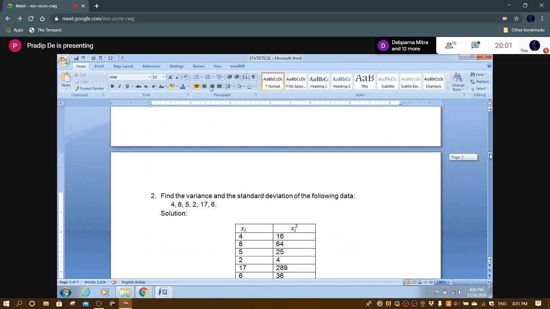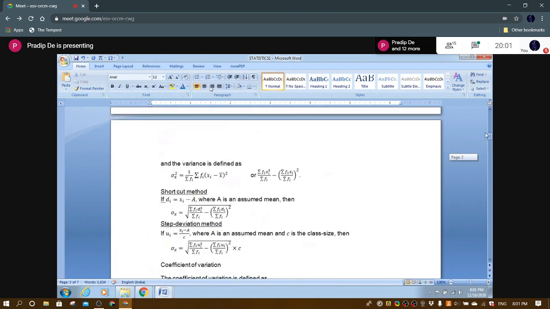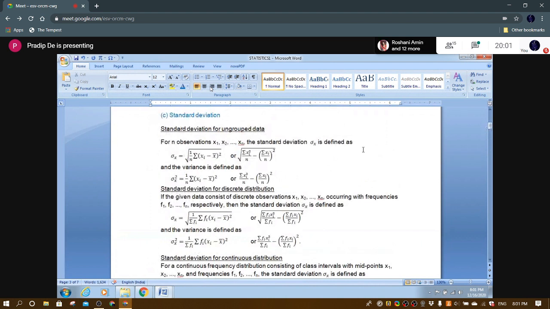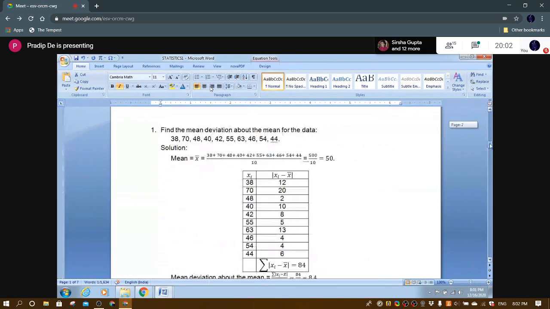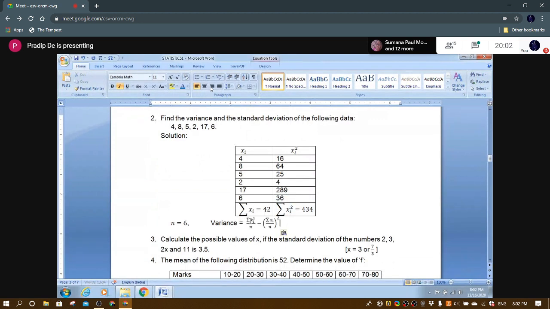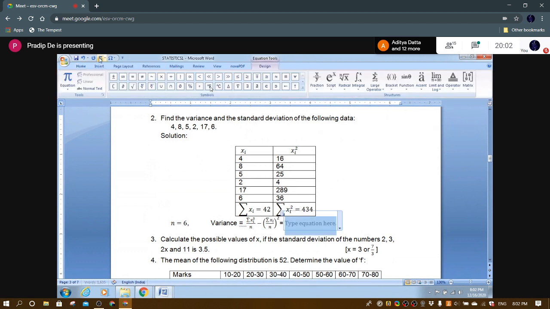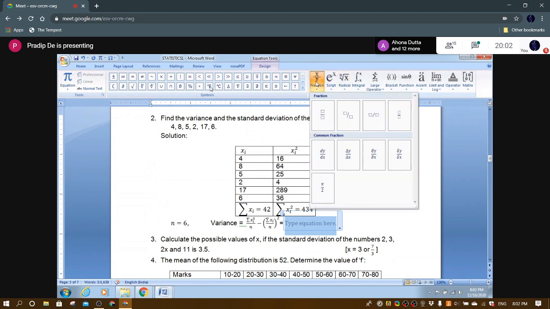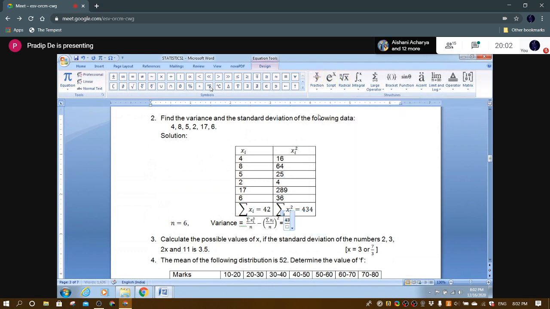Copy the formula. Or 34 by 6 minus 42 by 6 whole square.